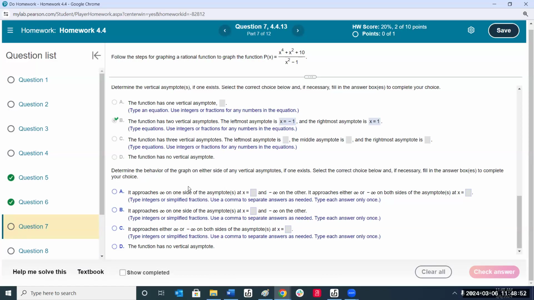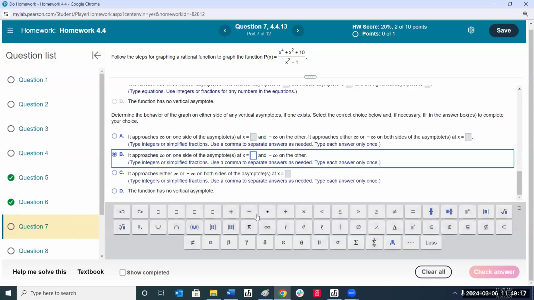Okay. It's the same as last time, plus or minus on both sides. x approaches positive on one side of the asymptotes, okay, yeah, so let's do -1, 1.